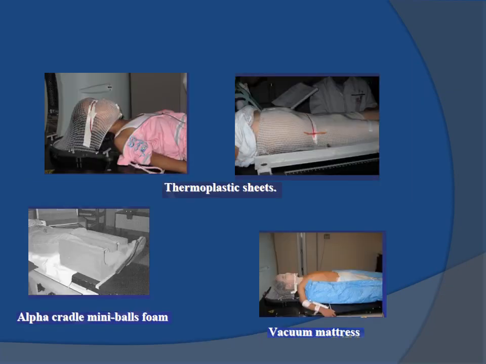Other types of positioning aids include thermoplastic sheets, alpha cradle, mini foam pillows for leg support or leg fixation, and a vacuum mattress. The vacuum mattress takes the same impression of the body of children, so during the setting it obliges the child to lie in the same manner in each setting.